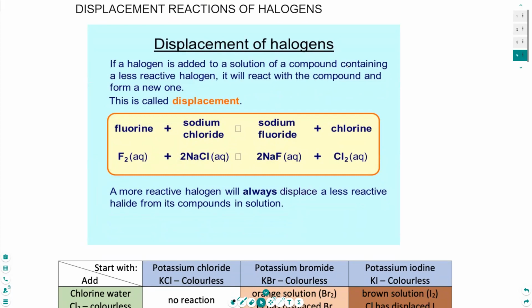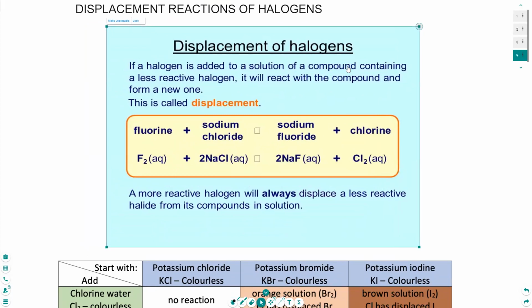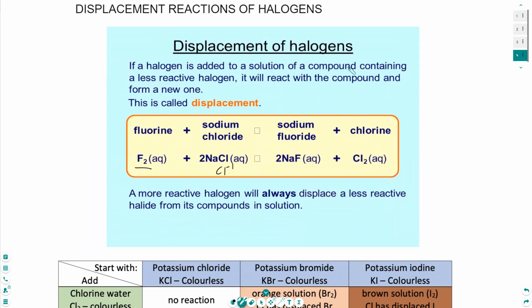Let's look at it. If fluorine, so fluorine is the element here, looks at a compound and sees chlorine in that compound, well, in the compound, the chlorine has a -1 charge. All right, so this means that it has an extra electron. So this chloride ion here, which is present in the compound, has an extra electron because it has gained an extra electron and it now has a -1 charge.